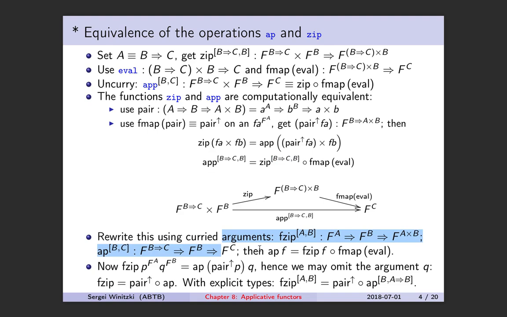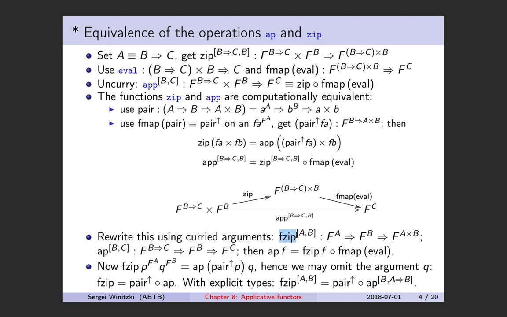So clearly we can also do this with curried arguments. We just need to define curried versions of zip, which is like this, and then we have exactly the same relationship between app and fzip.